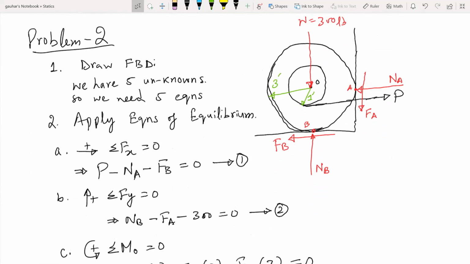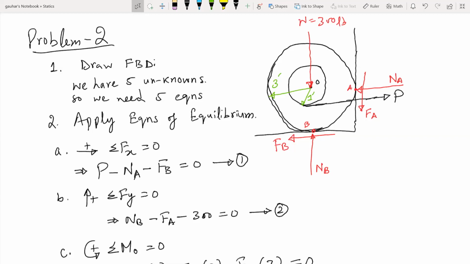Okay, so we first did the free body diagram. And in order to draw the free body diagram, we know that there are normal forces and friction forces at the points of contact, right? Then there's the weight of that spool acting at point O downwards, right? And then there's a force P.